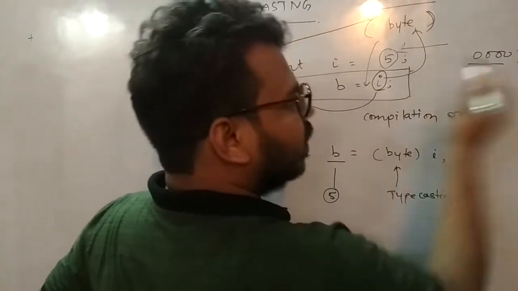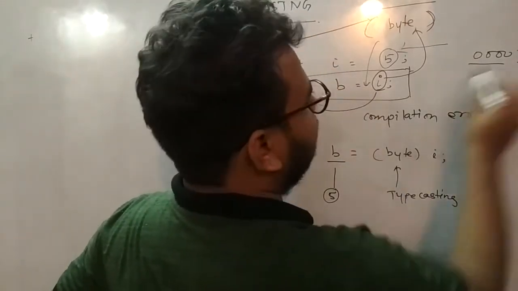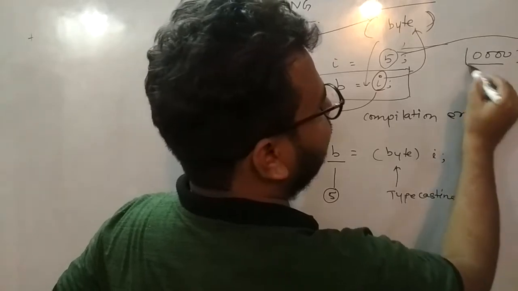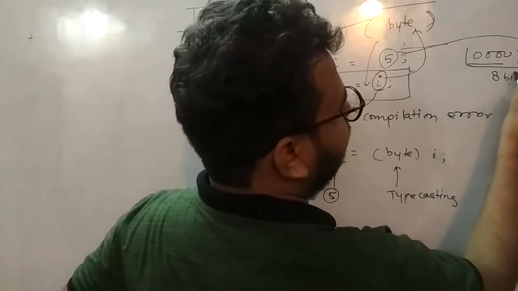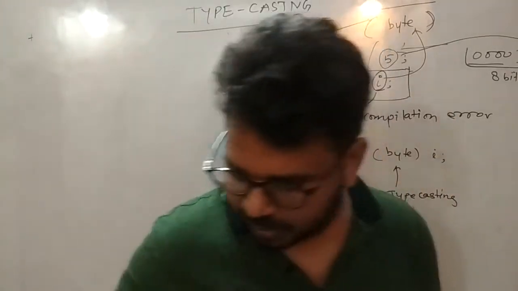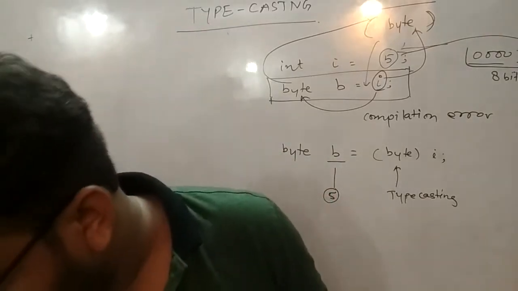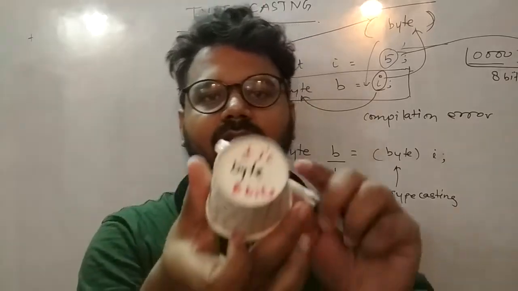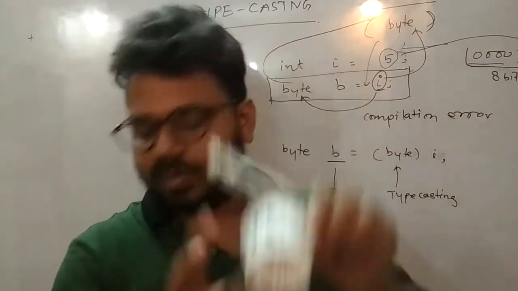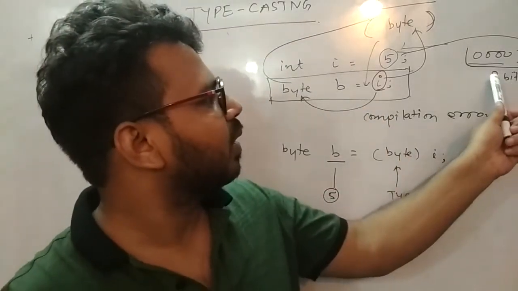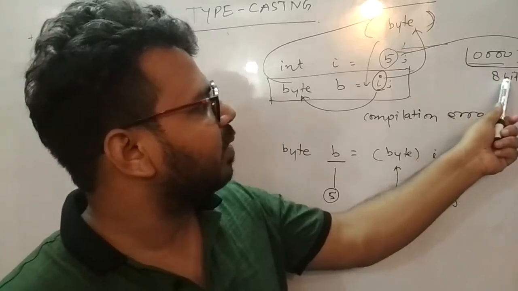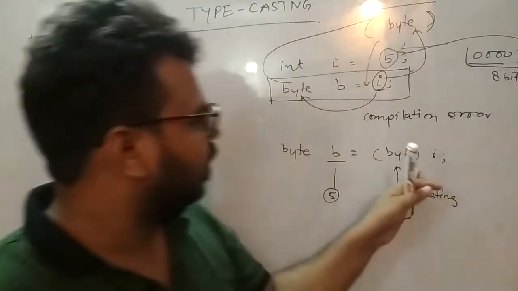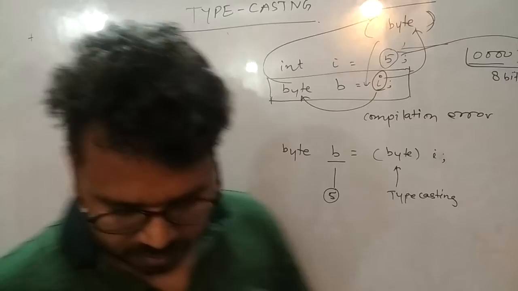This is a very small number and it can fit into 8 bits. What I had told you already, that is the size of byte. You can see here, which I have shown you, this is the size of byte, 8 bits. So this 5 is very small and it can easily fit into 8 bits, so it will easily get typecasted.